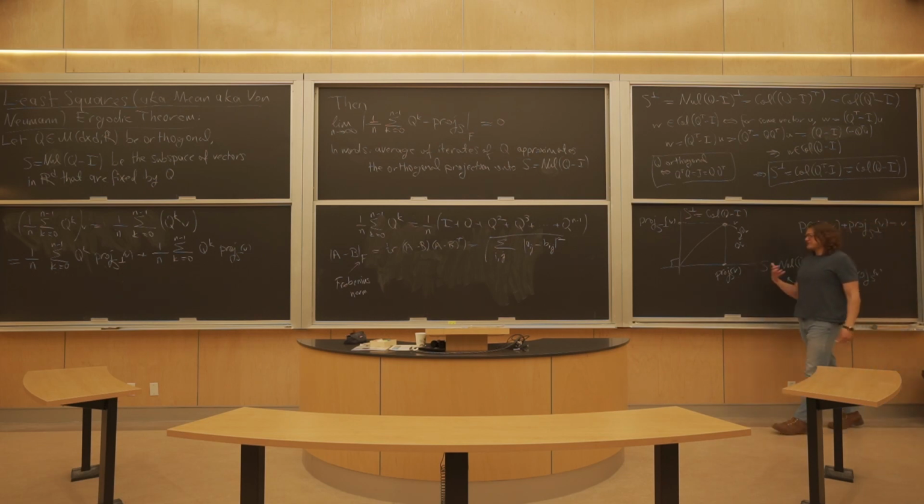After all, S is a space of vectors that are invariant under Q, fixed under Q. So if I apply Q to this orthogonal projection onto S, it's going to stay the same.